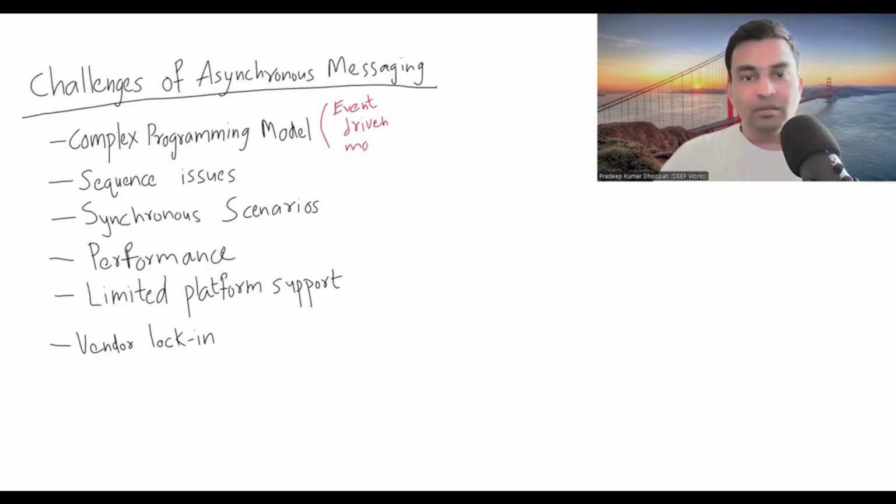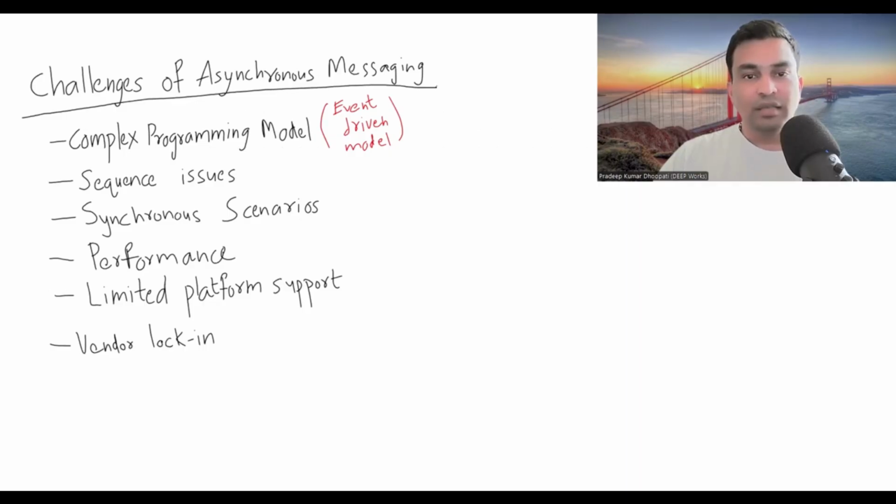What that means is the event-driven model is different from the traditional monolithic procedural application programming model, where application logic is coded in a single main method and there are some other helper methods which it calls, and the coding is easier, debugging is easier, and the execution path is linear.